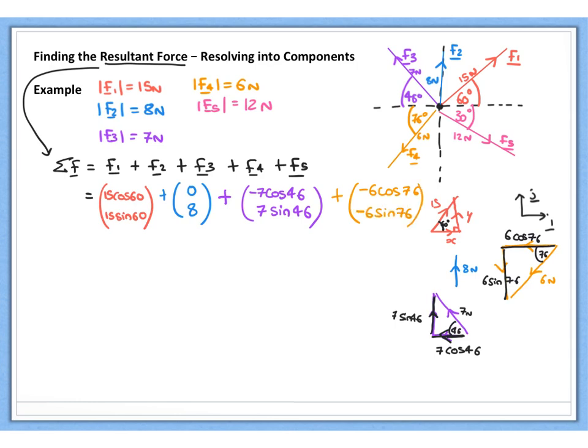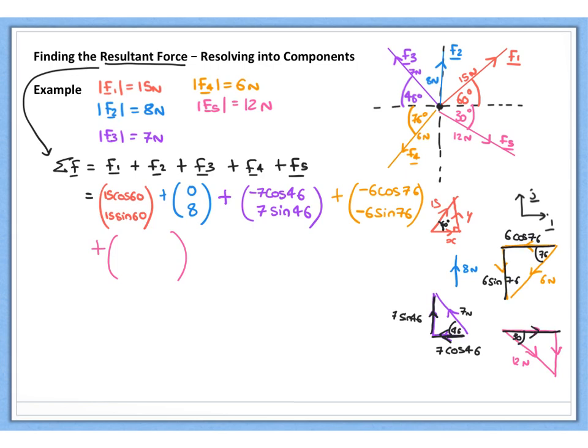We've got one left, which is force F5. Let's take a look at that. Now, force F5 is down like that, 12 newtons. It's got a component going to the right like that, and then a component going down like that. So let's look at the angle, 30 degrees. The horizontal component, the i component, is going to the right, and it's adjacent to the angle.